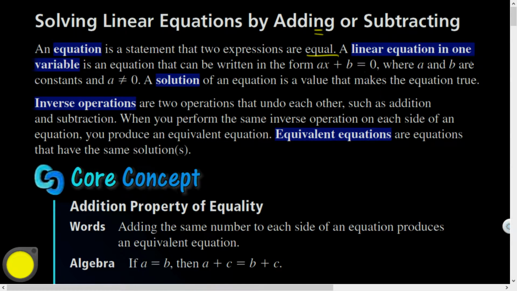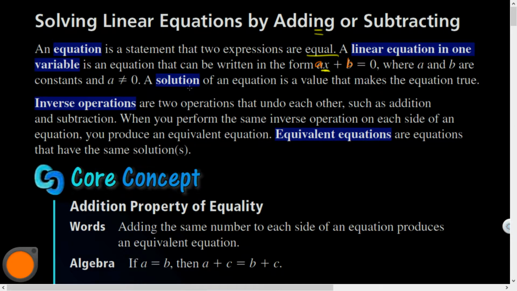A linear equation in one variable is an equation that can be written of the form ax plus b equals 0. All right, so my variable is x, and then I've got some non-variable parts being the a and the b. So a and b are going to be actual numbers, and then x will be some unknown variable for us.